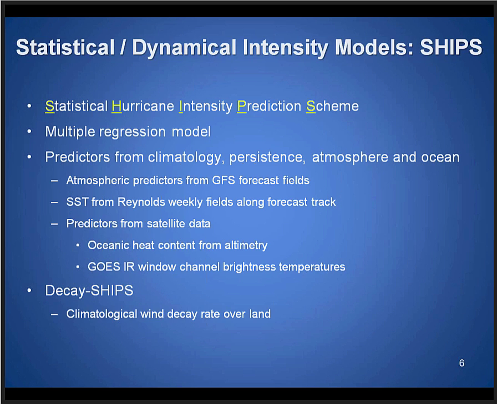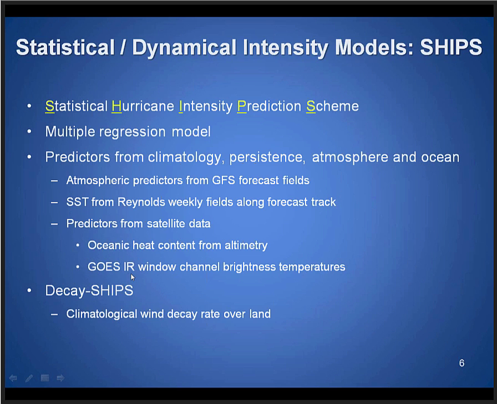So the statistical dynamical models. One has been around, I think, for about 20 or 25 years now. It was developed by John Kaplan and Mark DeMaria, and it's the Statistical Hurricane Intensity Prediction Scheme. It's a regression model, so it's looking at predictors not only from climatology and persistence, but also from the atmosphere, and these are based on the GFS, Global Forecast System Model, fields, as well as oceanic parameters like sea surface temperature and ocean heat content.